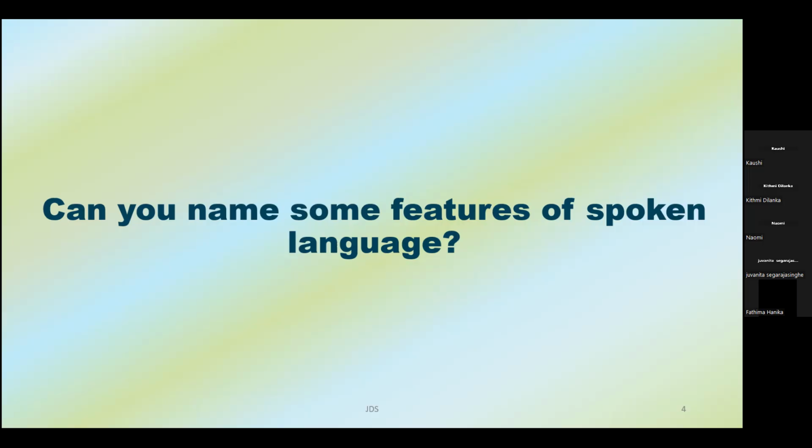But in written language, it doesn't mean that we ignore contracted forms. Comparatively, contractions are used less. Any other feature? Now, we attempt to speak on a particular topic, right?